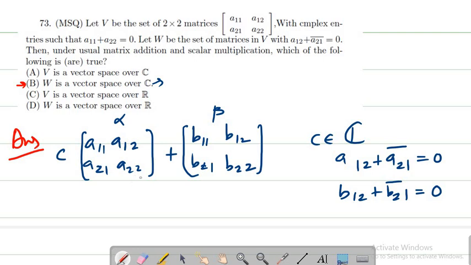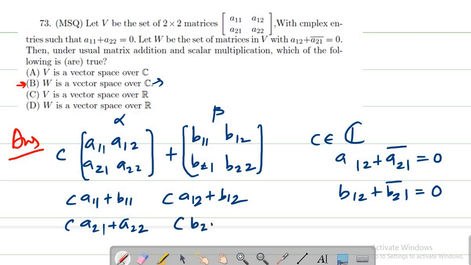Suppose I simplify this, what I get is c a11 plus b11, c a12 plus b12, c a21 plus b21, and c a22 plus b22. Yes, this is what I get, right? So here we just have to check whether this belongs to our W, right?